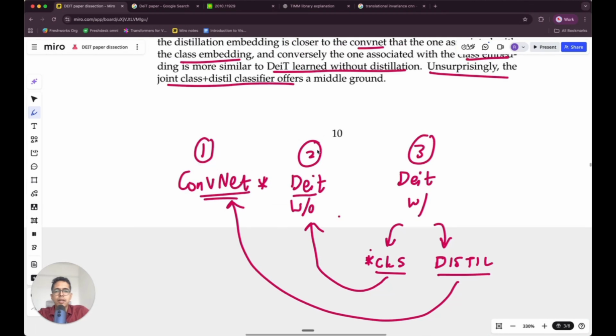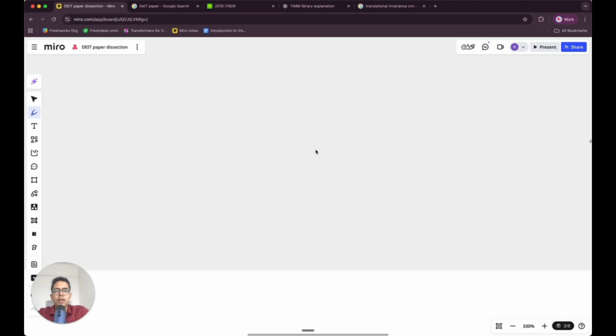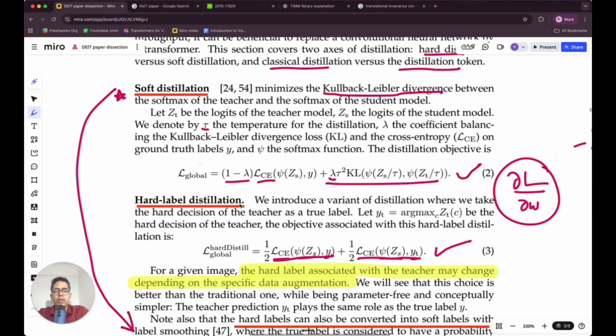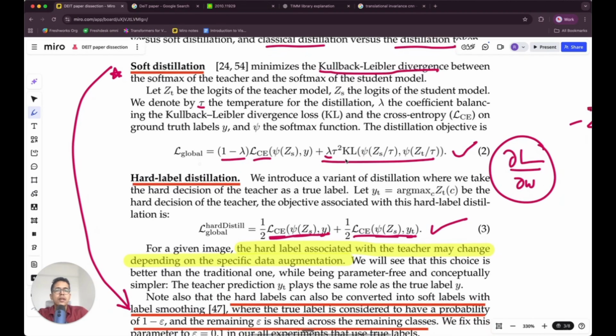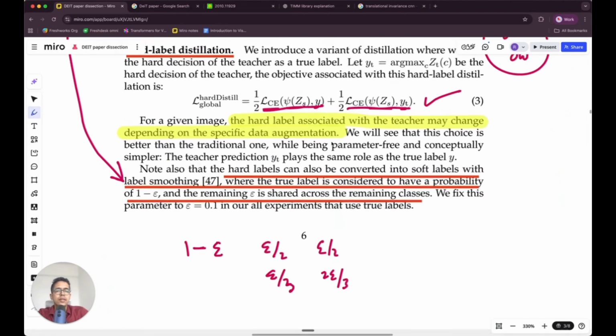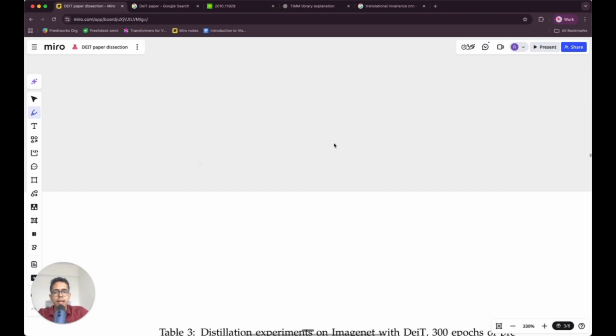Let me check in this formula. The cross entropy loss has 1 minus lambda, so 90% of the loss is attributed to cross entropy loss and 10% is attributed to the KL divergence loss. Okay, that is fine.